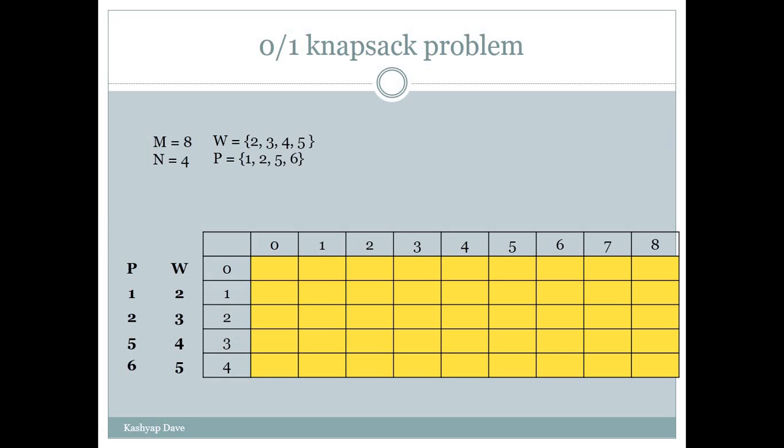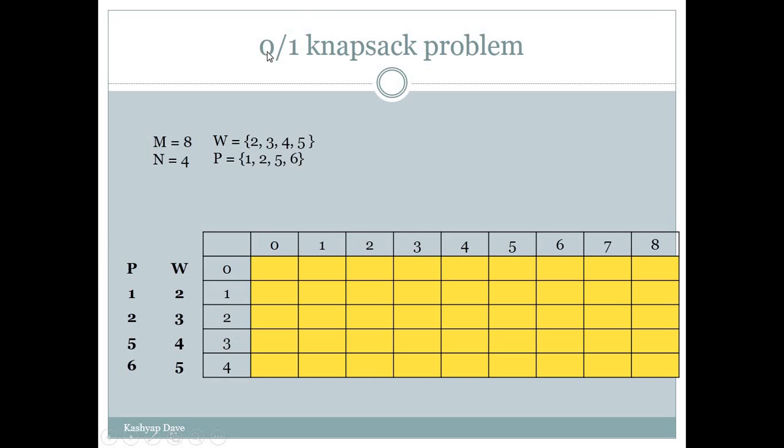These are the weights of our items, and respective to them, the item of weight 2 has a profit of 1, the item of weight 3 has a profit of 2, the item of weight 4 has a profit of 5, and the item of weight 5 has a profit of 6. Now we have to find the maximum profit and which objects give that maximum profit. That is the knapsack problem.